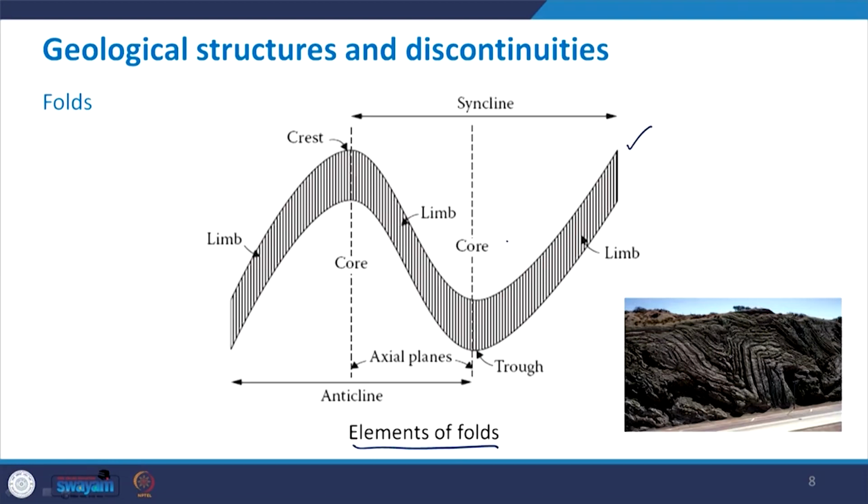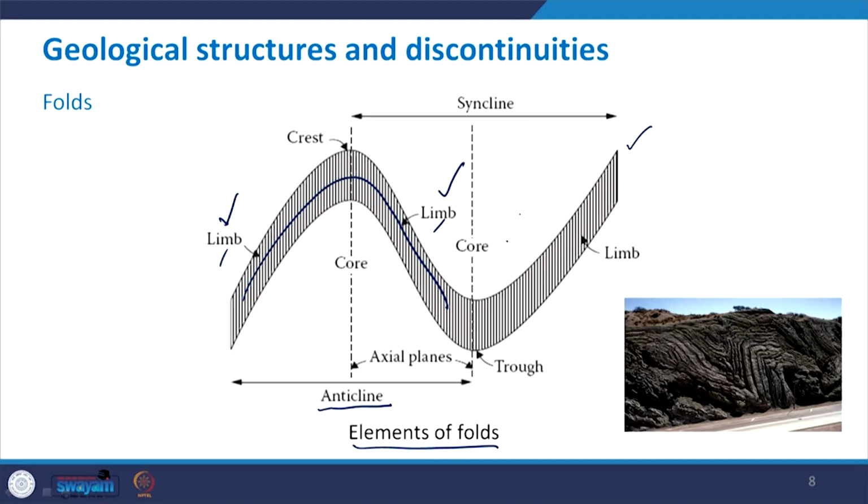Please note that this anticline is an upfold, that is in this direction. It is an upfold where these limbs dip away from the axis of the fold on either side. So this side also and this side also, they are dipping away from the axis of the fold.